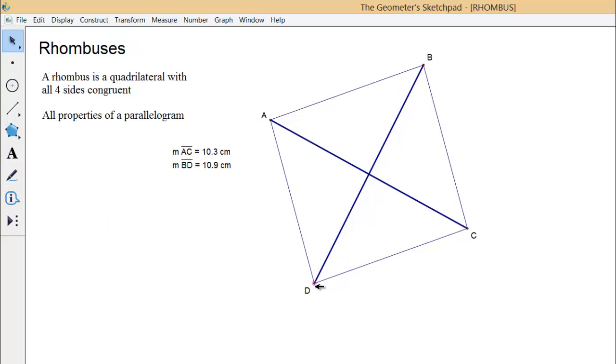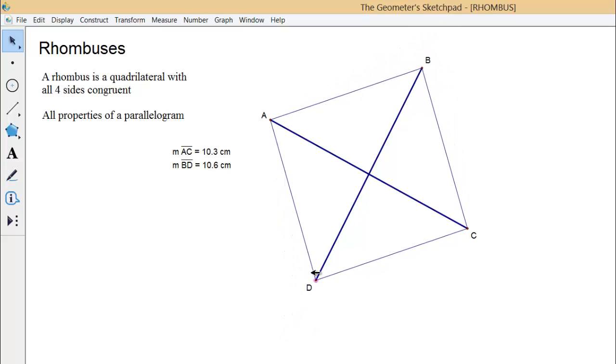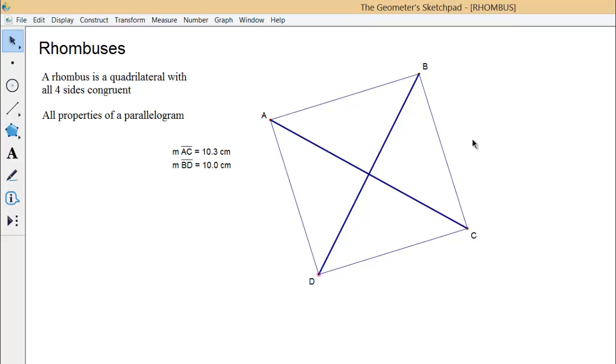So our diagonals are not necessarily equal, but let's look at the point where these two intersect.